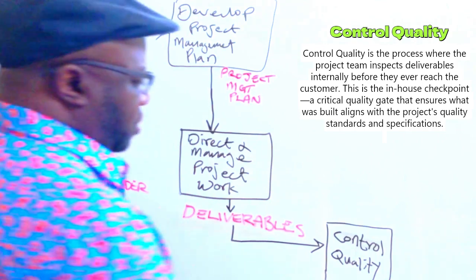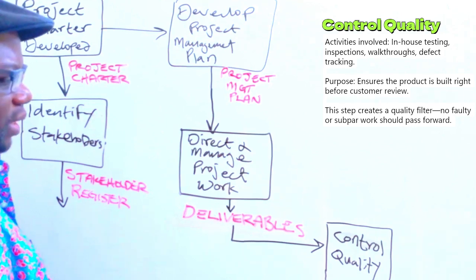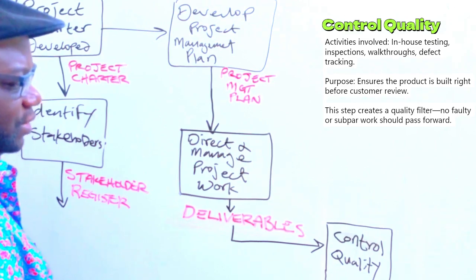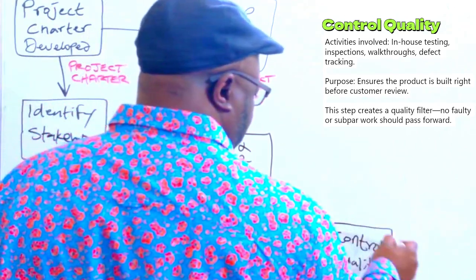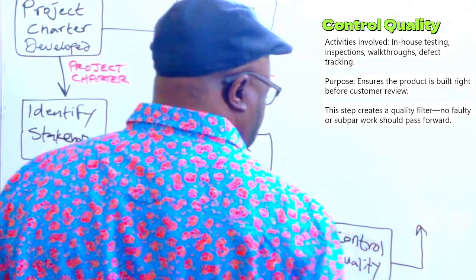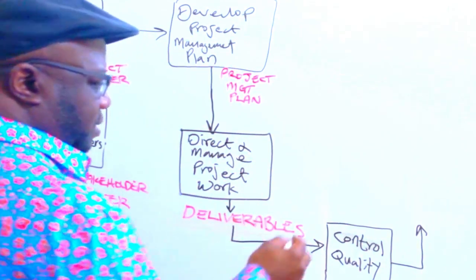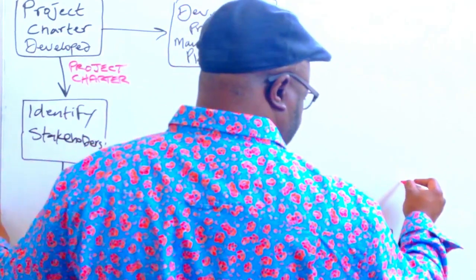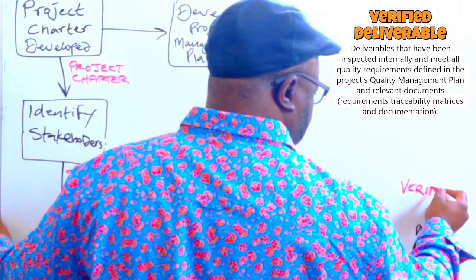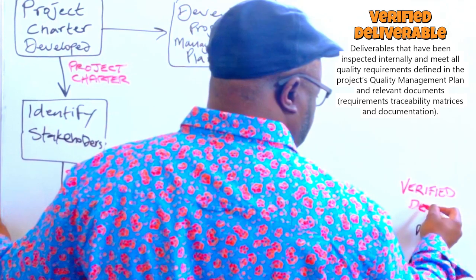When we are done with the inspection, hopefully it will be a successful inspection that passes the test. So we're going to get an output from here, and that output, if it did pass the test, we call it a verified deliverable.